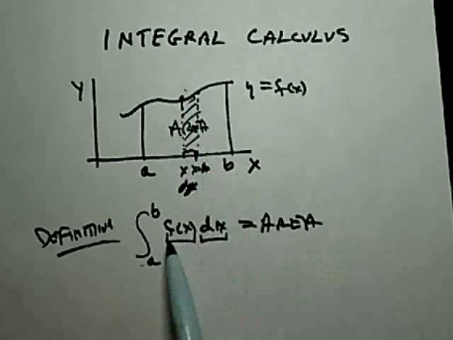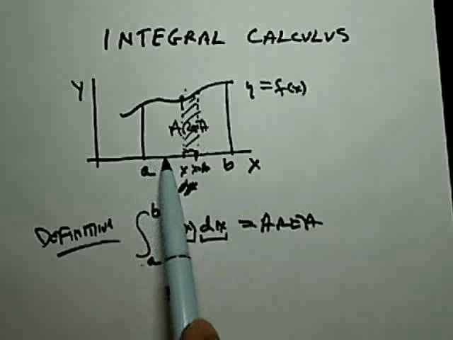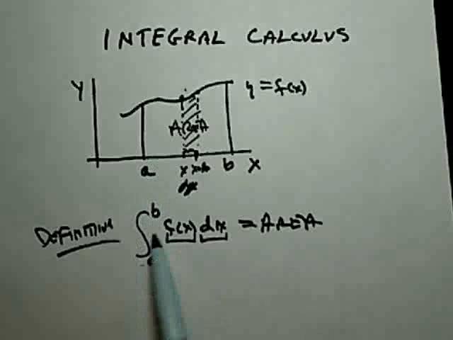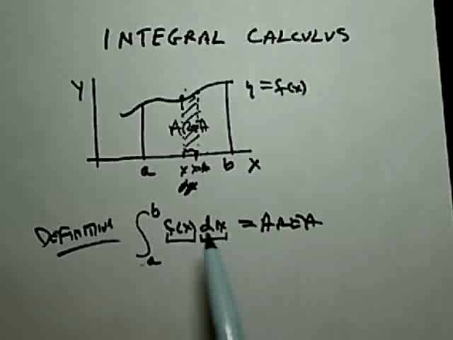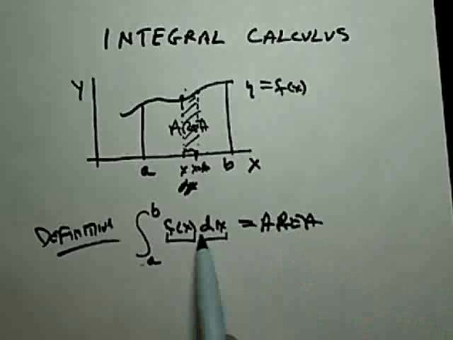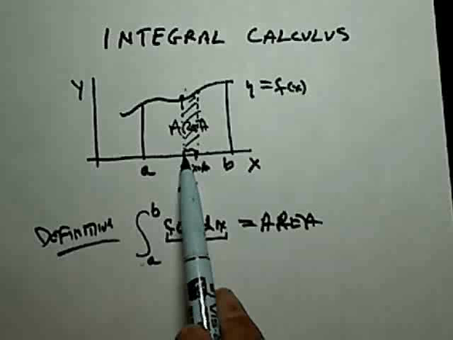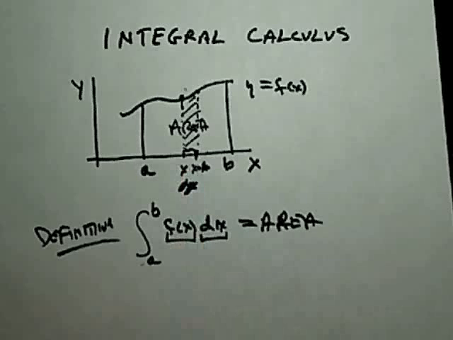So this would not be an exact area. However, if you divide this into enough subdivisions, this summation of these rectangles will be as close to the real area as you want it to be. And in calculus, this is assumed to be an infinite subdivision. dx is assumed to be what's called infinitesimal, meaning that it's not zero, but it's very close to zero.